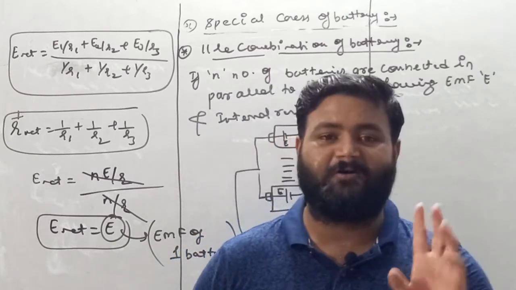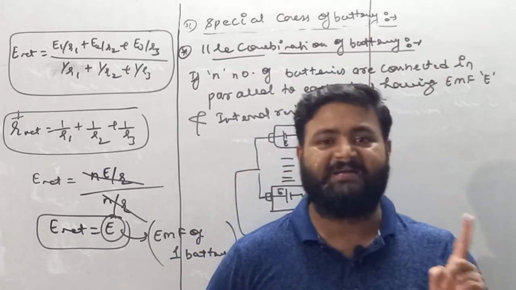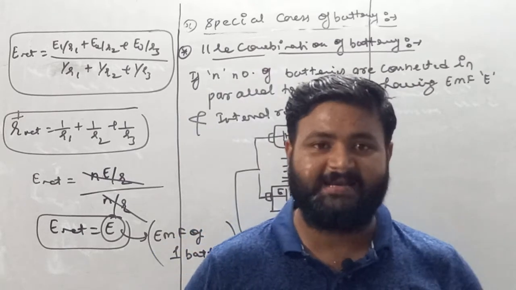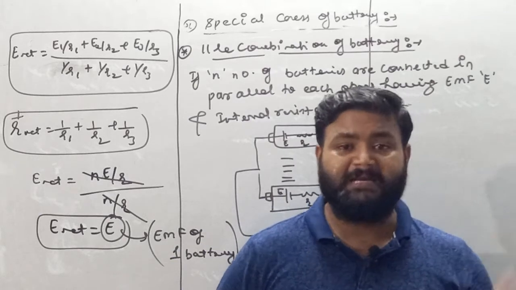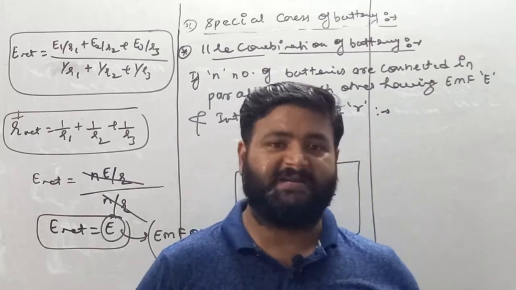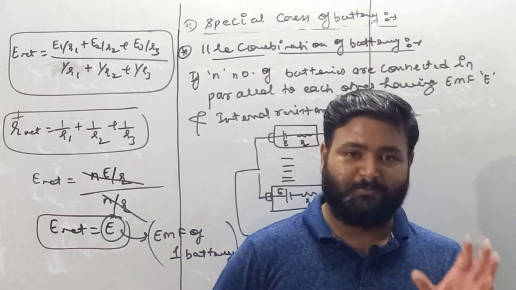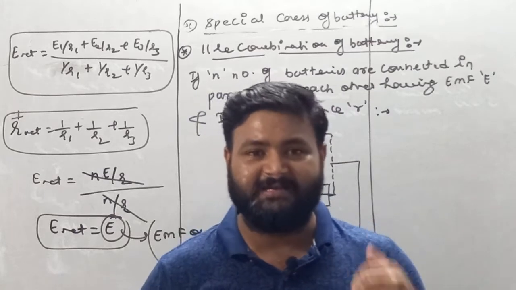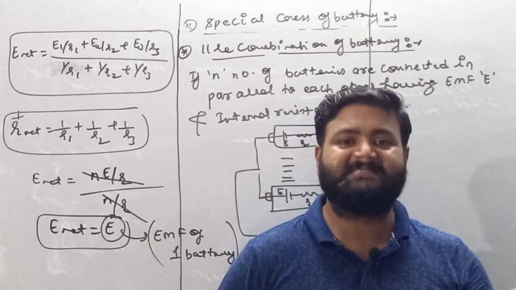In the last class I already told you, whatsoever the device is, if the device is operated with the help of a battery, then the device basically must be in mixed combination, that is series as well as parallel. By that, series combination can increase the EMF and parallel combination can decrease the resistance.